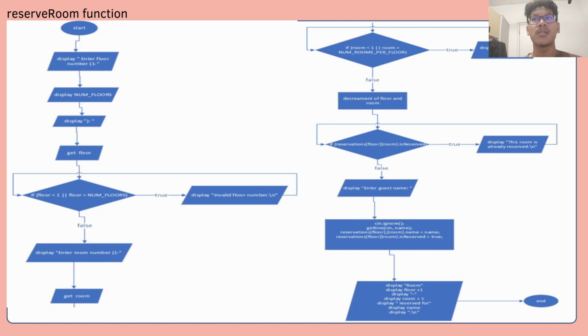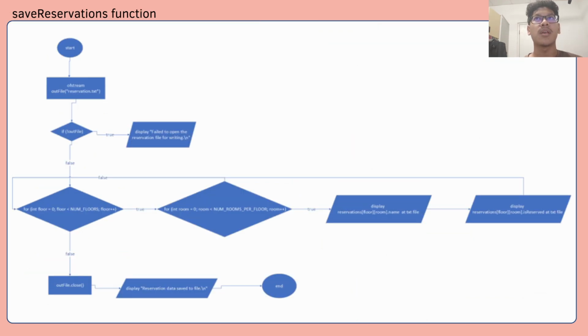There is a lot of display in this function, and we read the floor input from the user. We use many types of for loops and many if statements, and we also display the room number and the guest name that the user entered.